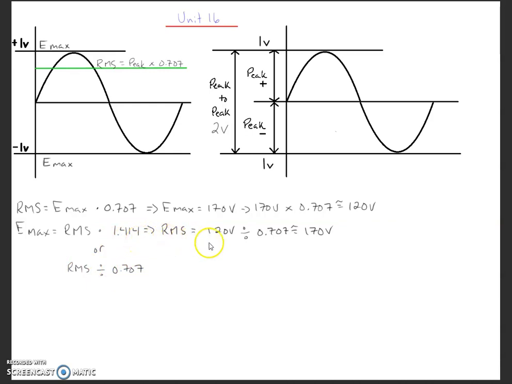This is 1/2 the square root of 2. So if you punch that in, 120 volts divided by half of the square root of 2, you're going to get roughly 169.9 or whatever that ends up to be.